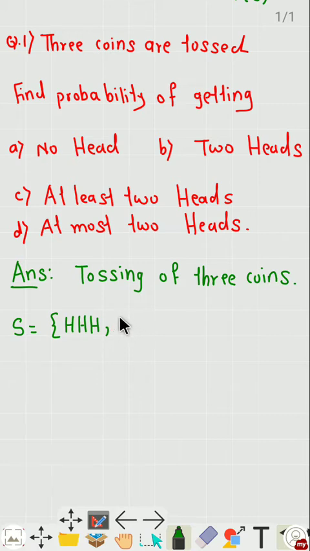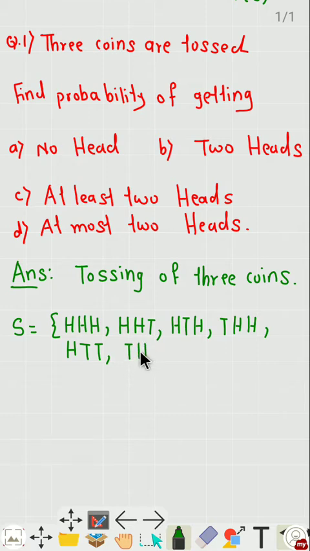Second possibility, I am writing here, head, head, third coin gives tail. Third possibility, head, tail, head, then tail, head, head. Or it may happen that we get head on the first coin and tail on the remaining coins.